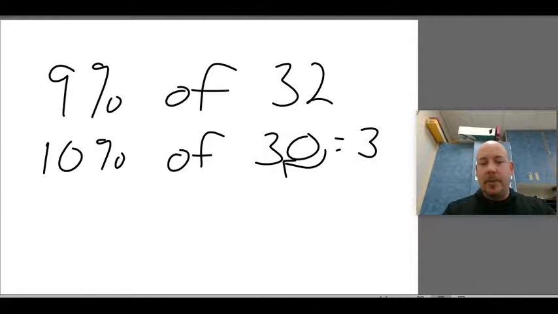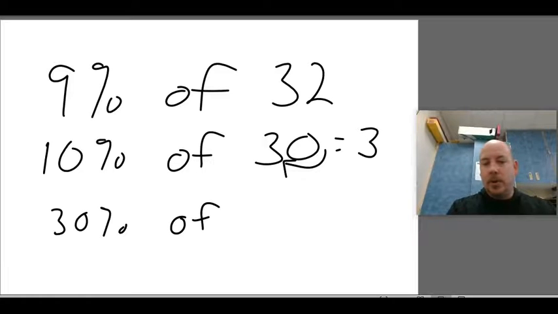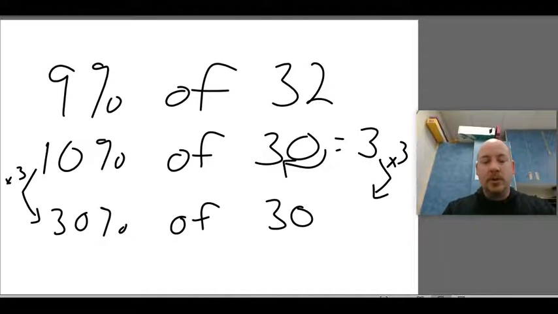Now, the cool thing about 10% is once you know that, you can do a lot of different things. Let's say, instead of 10%, I was trying to find 30%. Here's where these proportional relationships come in. Since 10% times 3 gives me 30%, I simply have to do that times 3. So to figure out 30% of 30, I'd first figure out 10% of 30 is 3, and 30% is just that 3 times.